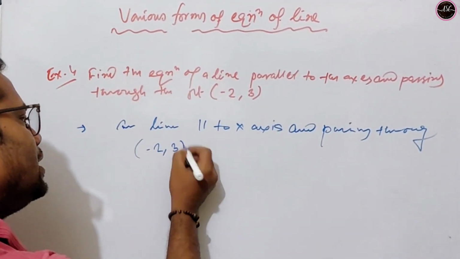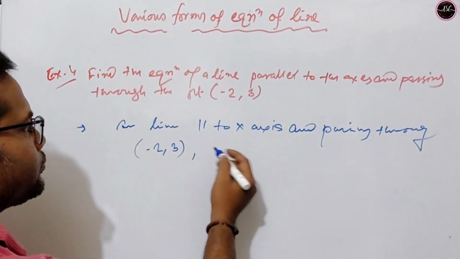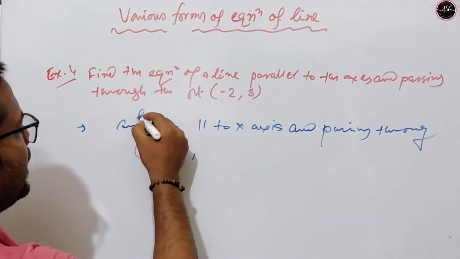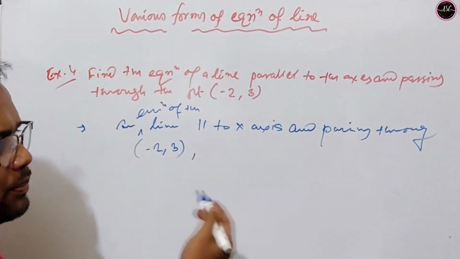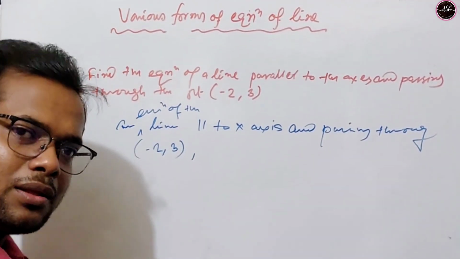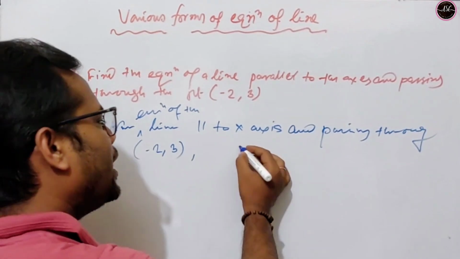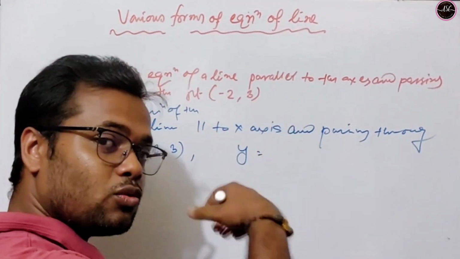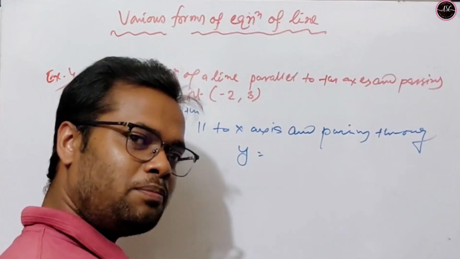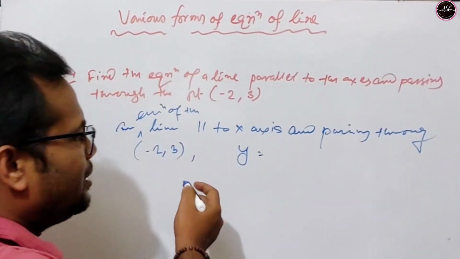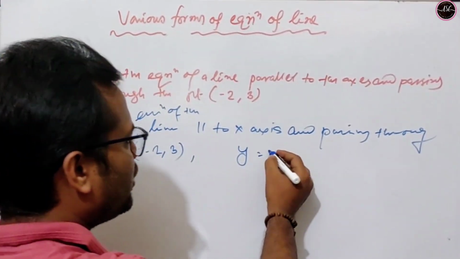Sorry, the equation of the line parallel to x axis and passing through minus 2, 3. In previous we know y equal to a if the distance from x axis is a. Here the distance from x axis is 3, so y equal to 3.